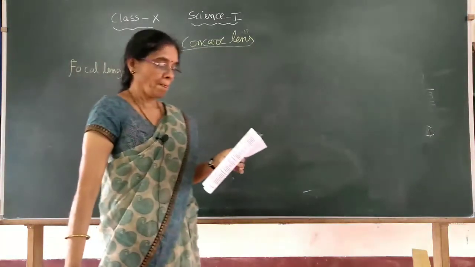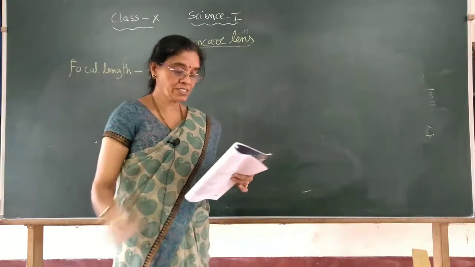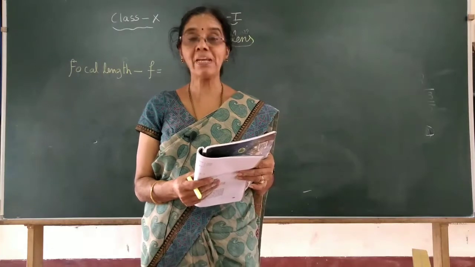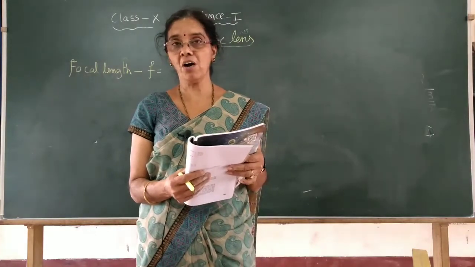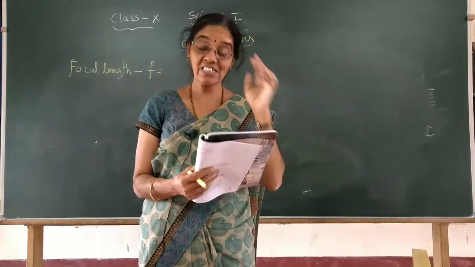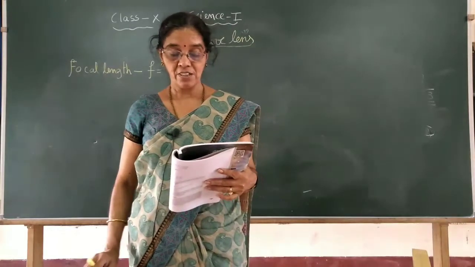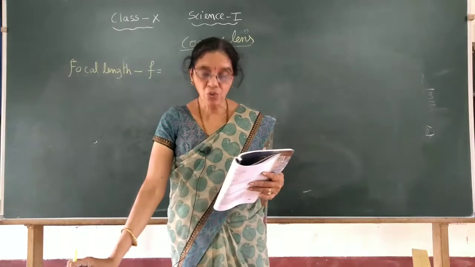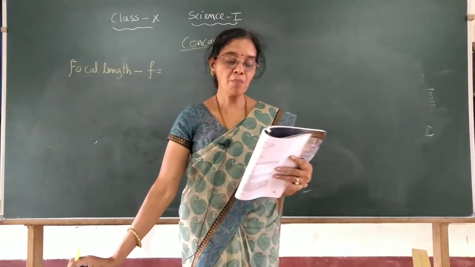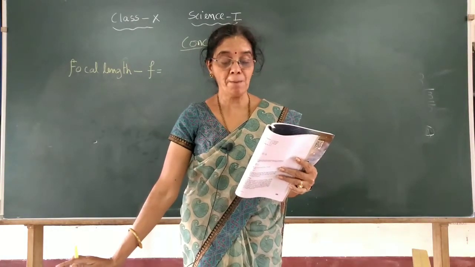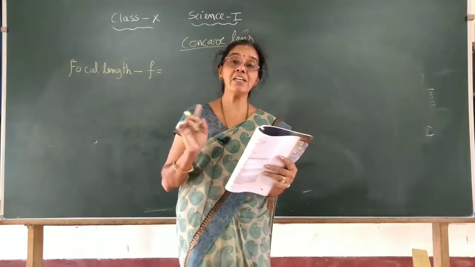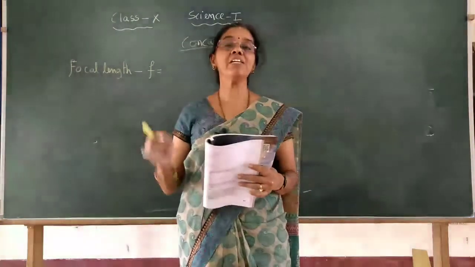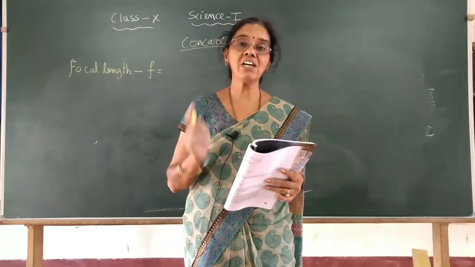Then: at what distance should the object be placed from the lens so that it forms an image? So we don't know the object distance. The image is formed at 10 centimeter from the lens. What is the meaning of this?